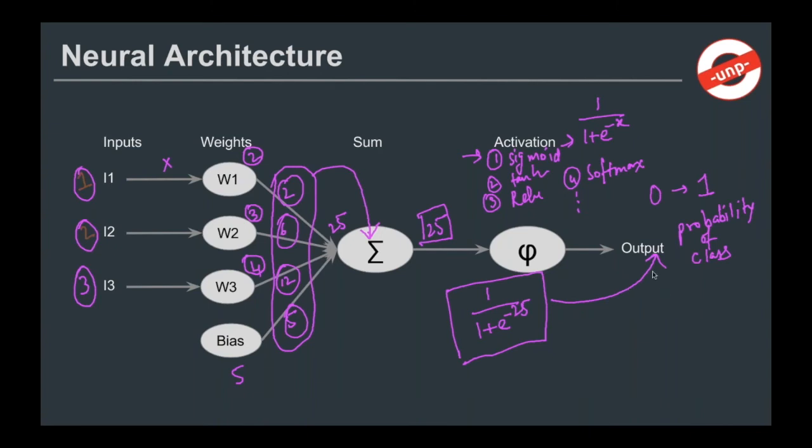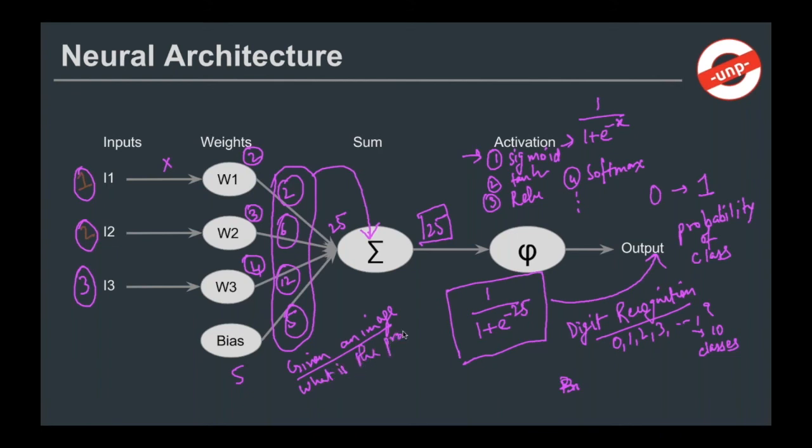So let's say you're doing digit recognition. So either it's a 0 or a 1 or a 2 or a 3 or a 9 there, right? So they have 10 classes. Okay, I need to know, given an image, what is the probability of each of these classes.